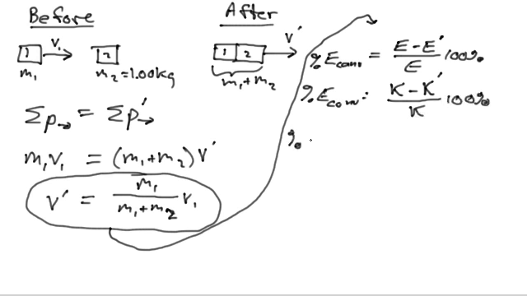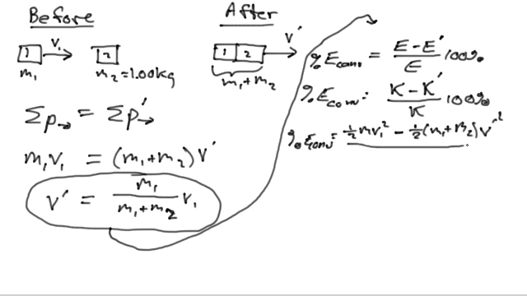And then it's 1/2 m1 v1 squared minus 1/2 m1 plus m2 times v prime squared, and then all divided by the 1/2 m1 v1 squared.